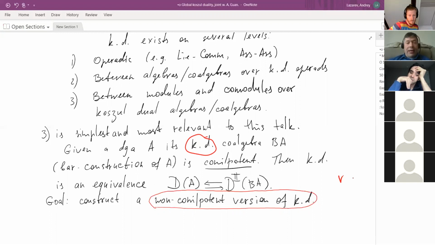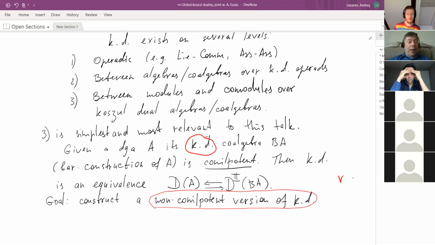And if you don't like differential graded algebras, then you might just consider usual algebras. They still have their derived categories. And on the right-hand side, I have what I denoted D2 of BA. BA is a coalgebra, and D2 stands for the derived category of the second kind of comodules over BA.